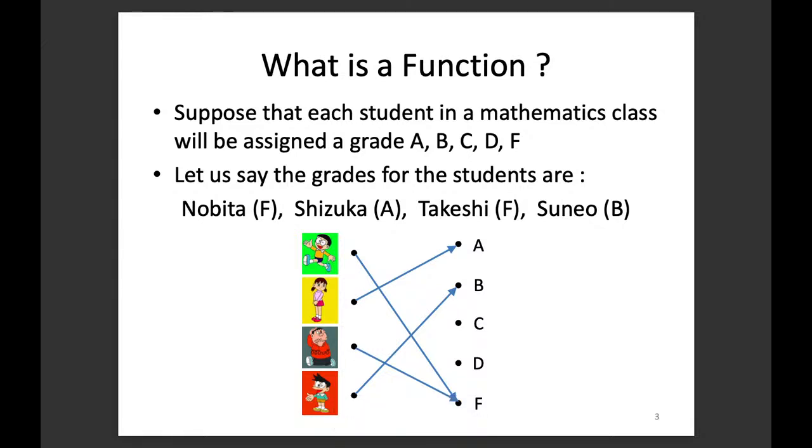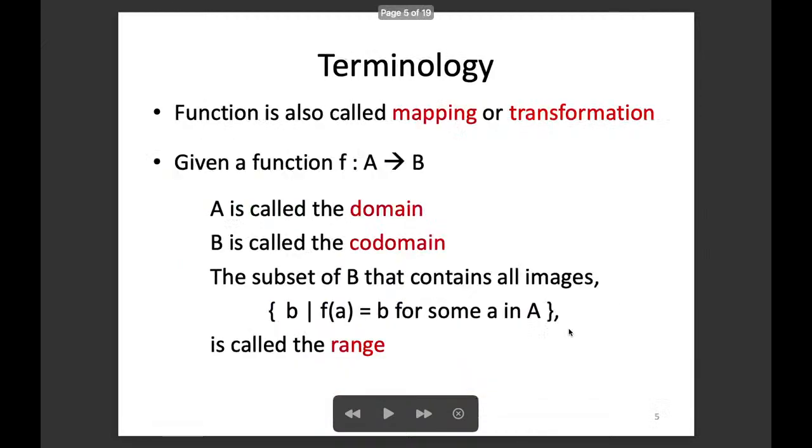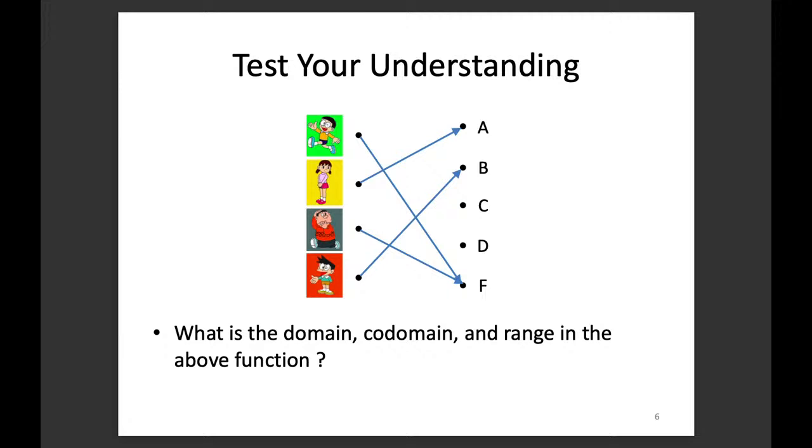But if we want to talk about the range, it is exactly those items in the codomain such that there is someone who is mapped into. So the subset containing A, B, and F is called the range. Okay, so we have this understanding now. Domain here, codomain here, the range is a subset that just has A, B, and F.